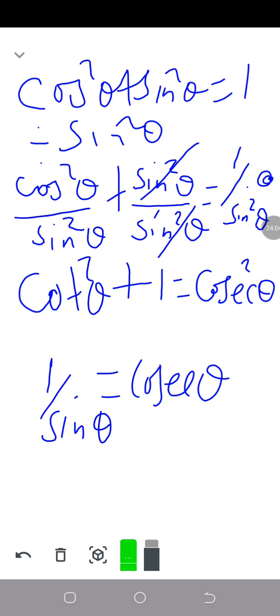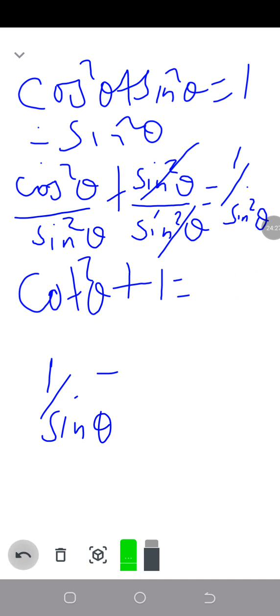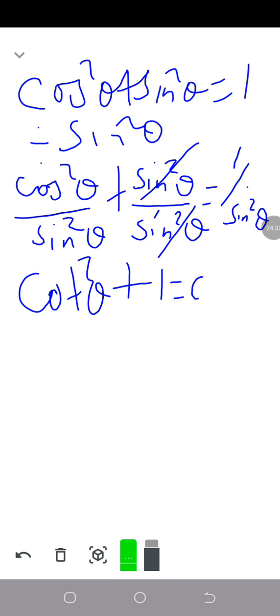So that one will be another new identity. But we want to get more identity from it. This is equal to cosec squared theta.